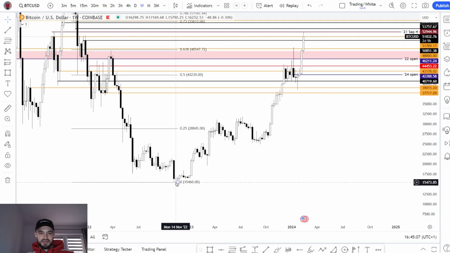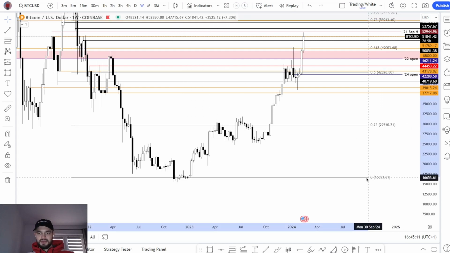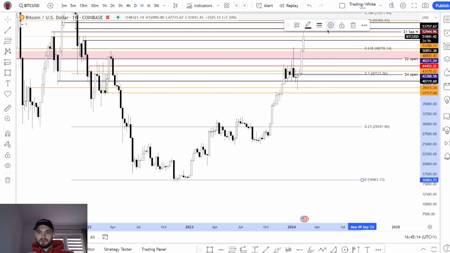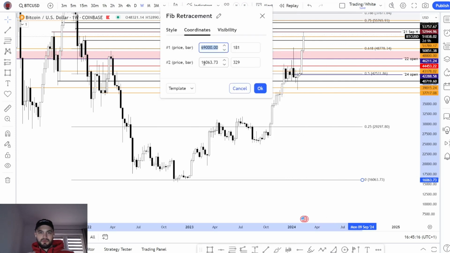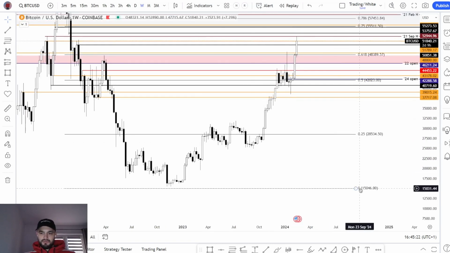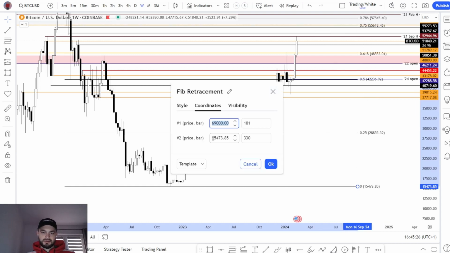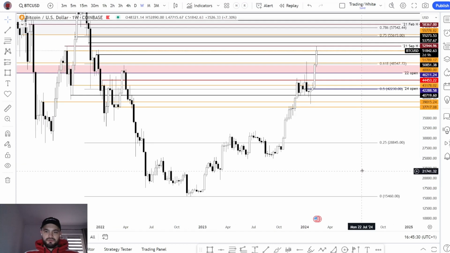Have it like this, and have it up to here probably, and coordinates 15460. Yeah, it was 460. My bad. 15460. And you got your fib there.